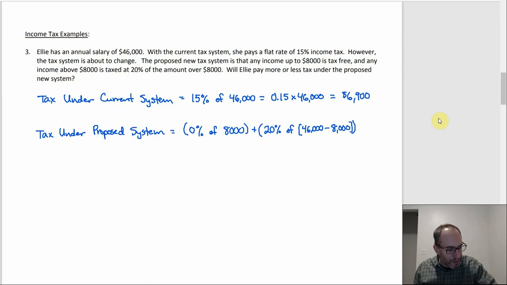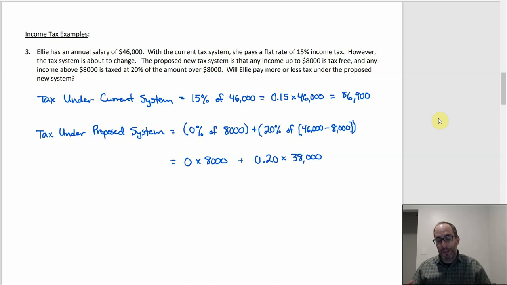So we can say, all right, well then this will be 0 times 8,000 for that first part. So that's not really going to be anything, right? And then plus, oops, that should be a 0.20, transposing digits. All right, 20%, that's 0.20 times 38,000.